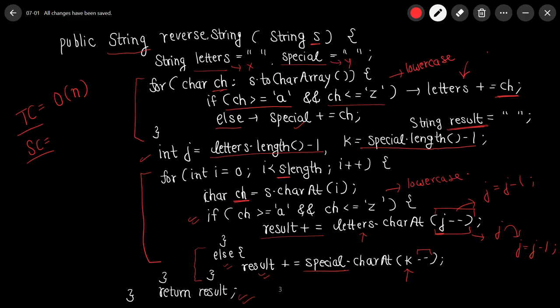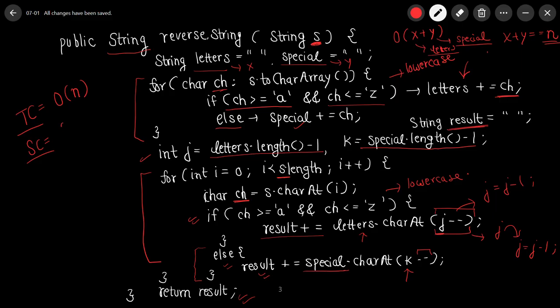So additional space we are taking is big O of x plus y, that is space occupied by the letter string plus space occupied by the special string. And we know that we are forming the letters and special strings only from our original string. That means x plus y would always be equal to the string length, say n.